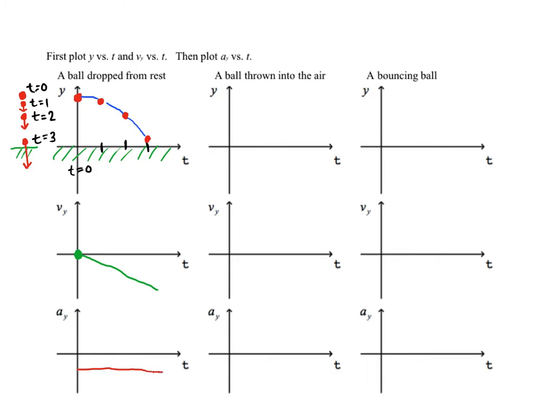And another way to understand how we should graph the acceleration is this. Earth pulls down on objects that are in free fall. It pulls down all the time, no matter where the object is and no matter what it's doing. And so the acceleration goes along with the pull of Earth. And since that pull is constant, the acceleration is constant too.